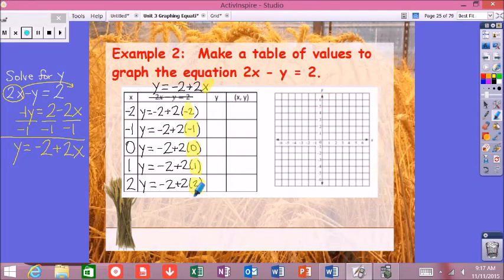Again, you can use the calculator between your ears or the calculator provided in class. If you're having trouble typing these into your calculator, please see me, but otherwise, here we go. Here are my answers. I have my output filled in purple and my coordinates, my ordered pairs, in the far right column. So now I'm going to transfer those onto my graph.